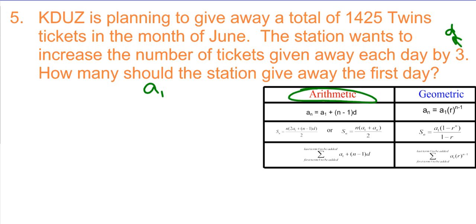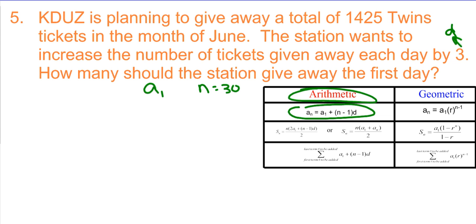I don't know a1. So I want to try to find a1. That makes me think I want to maybe use this formula. So as I start to plug that in, do I know an? I know there's 30 days in June, right? So I know n is 30.